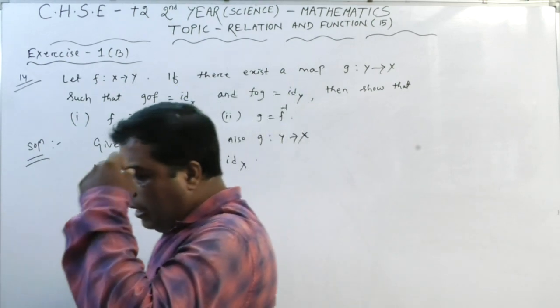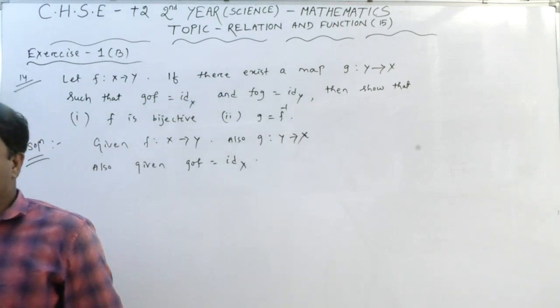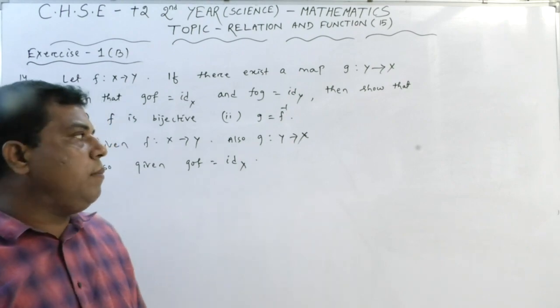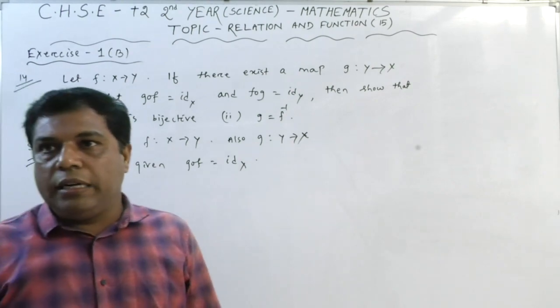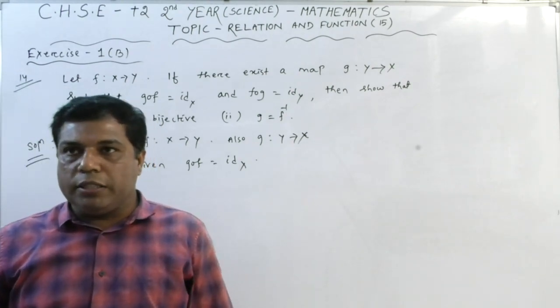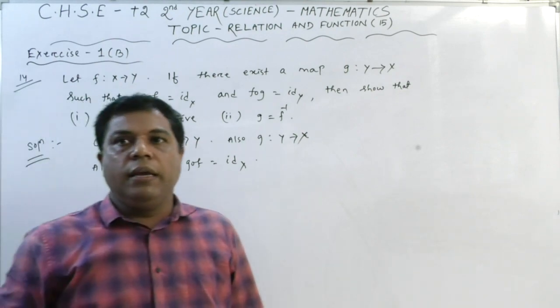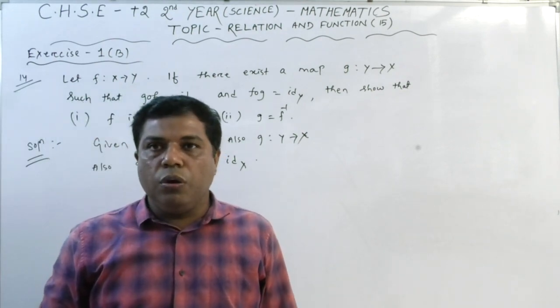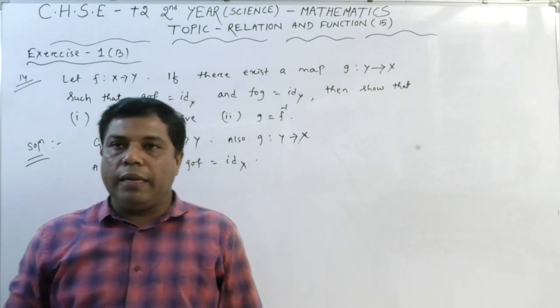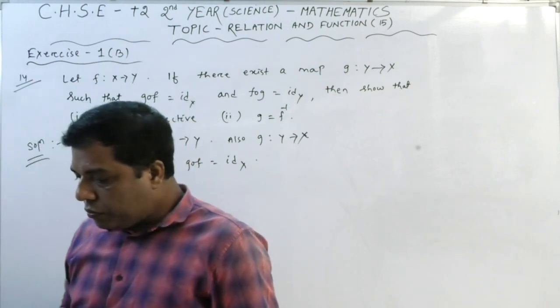So now, as it is the identity, we know that identity functions are bijective in nature. Yes or no? We already know that identity functions are bijective in nature.